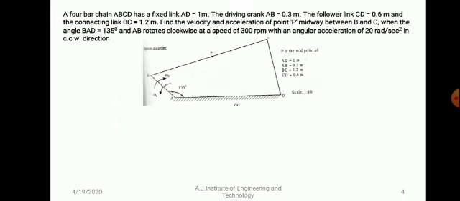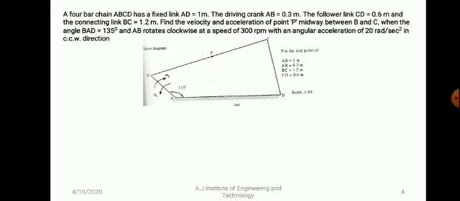Now, let us draw the space diagram of the 4-bar mechanism with the given dimensions. AD is equal to 1 meter, AB is equal to 0.3, follower link CD is equal to 0.6 meters, connecting link BC is equal to 1.2 meters.